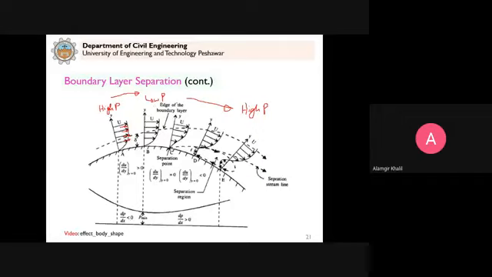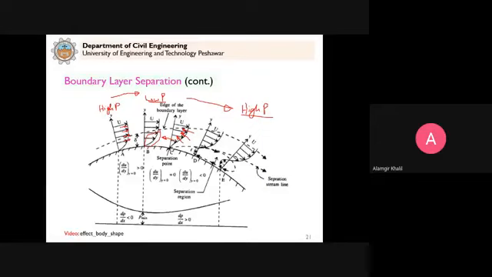But when we move from low pressure to high pressure, the pressure is pushing this velocity in the opposite direction, because we are moving against the high pressure. So that's why you see it is pushing this velocity gradient in this direction. Because we move from low pressure to high pressure, the high pressure is moving in this direction.